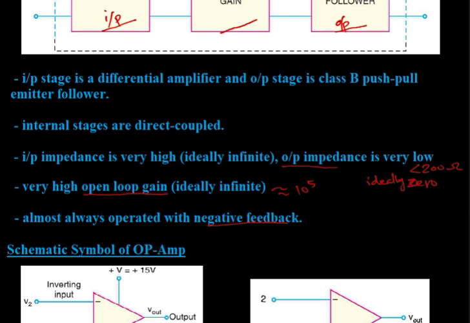We sacrifice gain to achieve the advantages of negative feedback, including large bandwidth and greater gain stability. So these are the different characteristics of an operational amplifier.